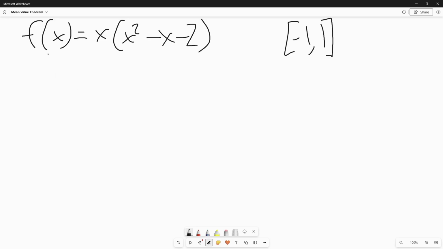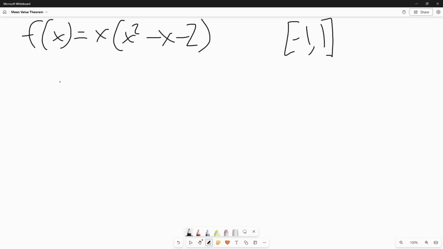First, we need to figure out if f of x is continuous and differentiable over this interval. Just by thinking about it, you can infer that it is, because there's no shenanigans going on with the function in between these points.